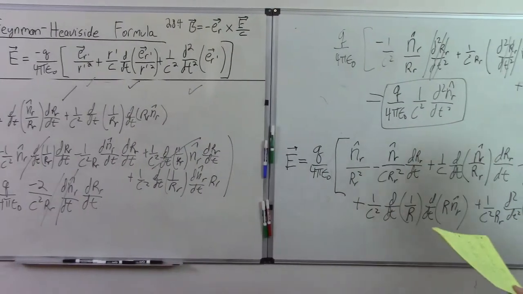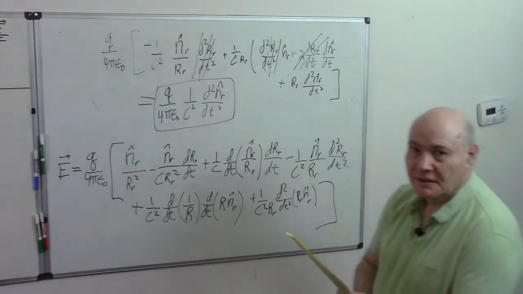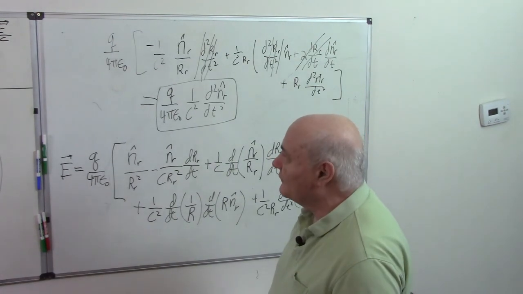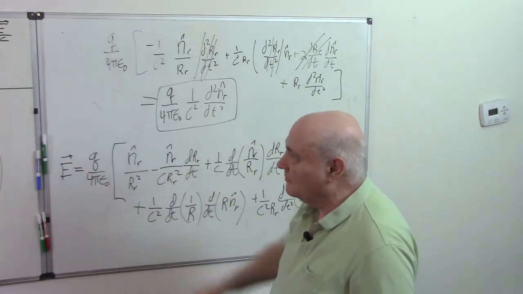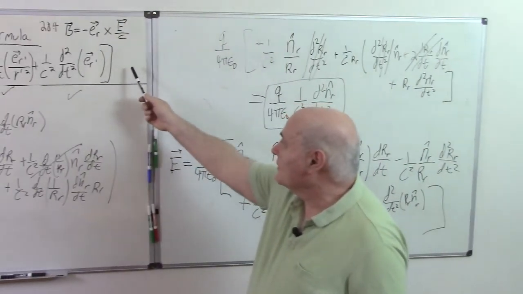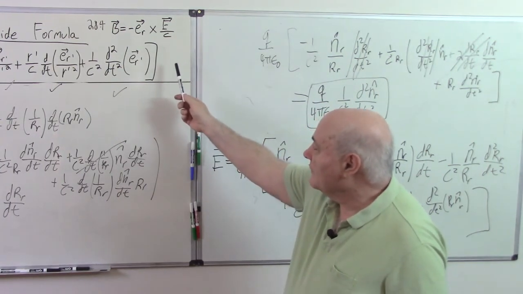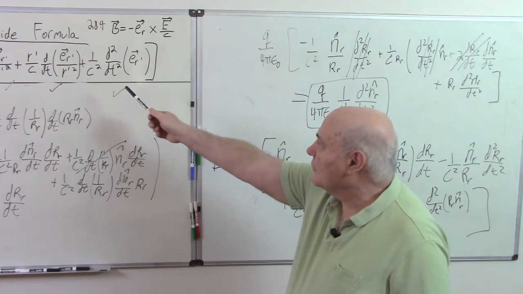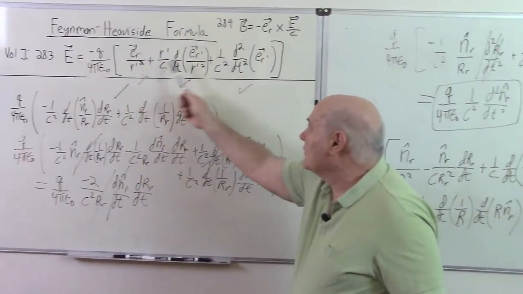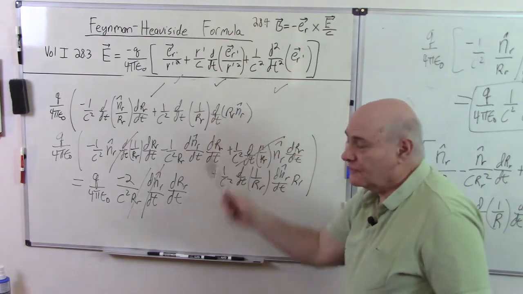So it's a long calculation, and Feynman and Heaviside ended up doing all of this, not knowing that the final answer would be relatively simple. But as I mentioned before, the beauty of this formula is that it's exact. It involves only the charge's motion at the retarded time. Everything here is at the retarded time, except when we're taking time derivatives, which is at the current time.